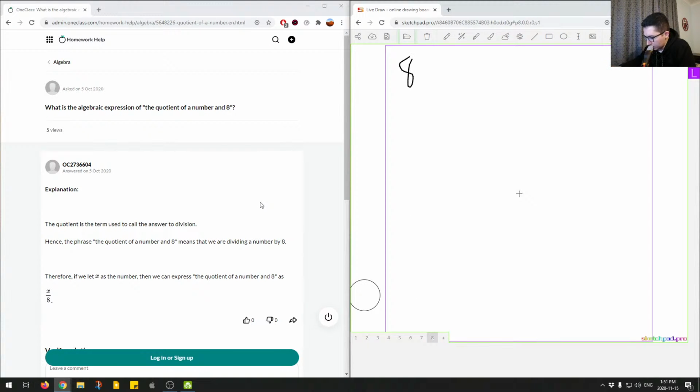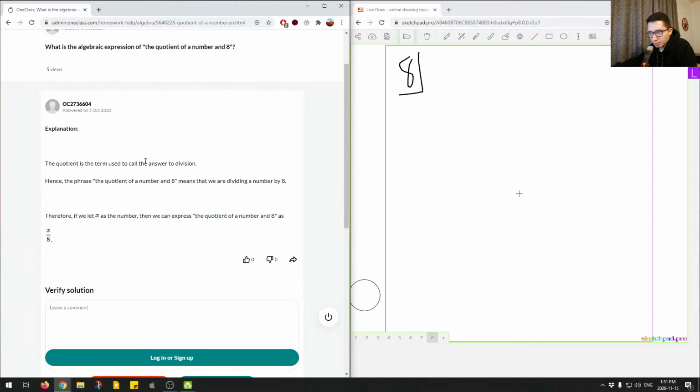So question number 8. Alright, so this question is asking us, what is the algebraic expression of the quotient of a number and 8? So when we're given this statement, the quotient of a number and 8, what does this mean? Looking at the explanation, the quotient is the term used to call the answer to division.